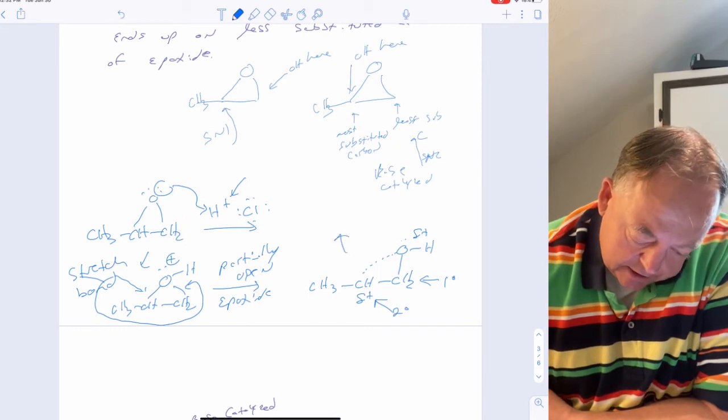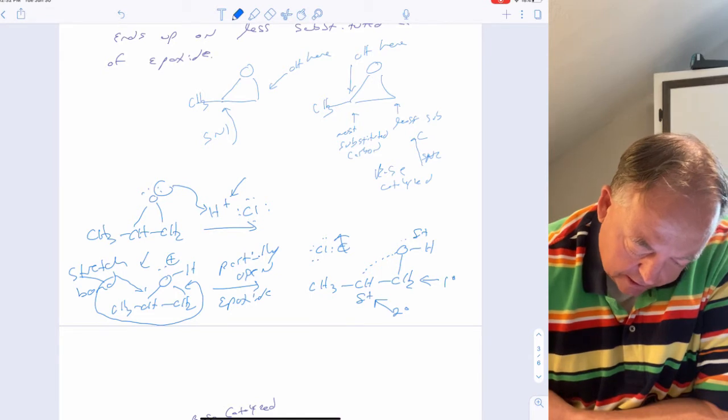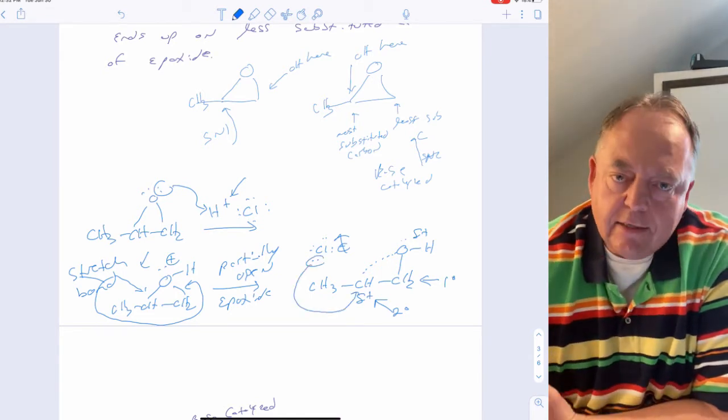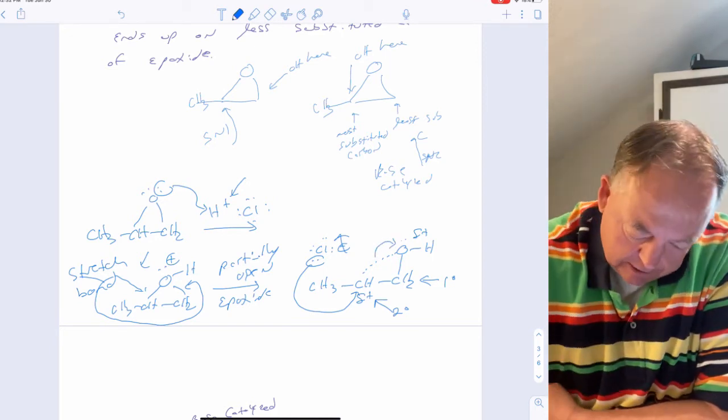And so now the Cl- adds. Since this carbon is carrying positive charge density, the chlorine is going to attach to that carbon, and then you can finish opening up the epoxide bond.